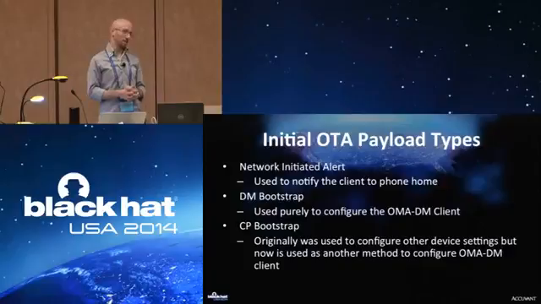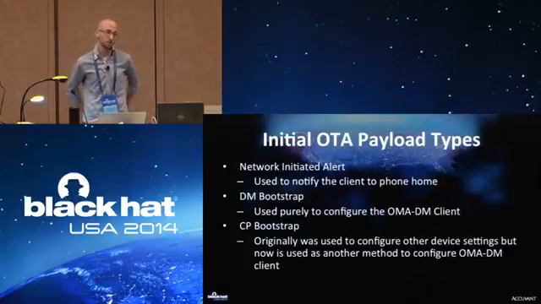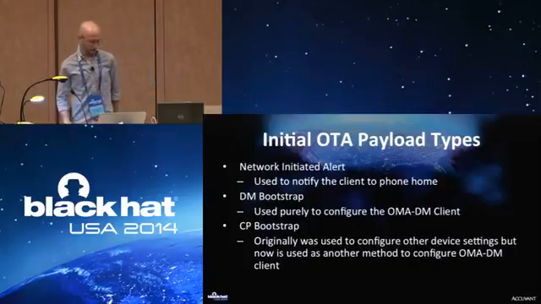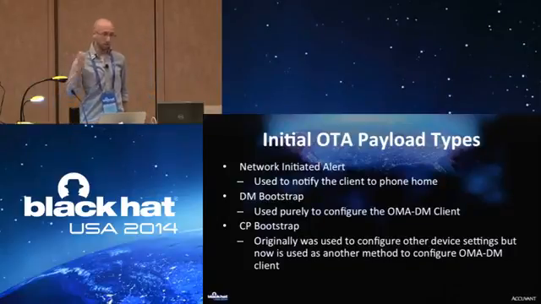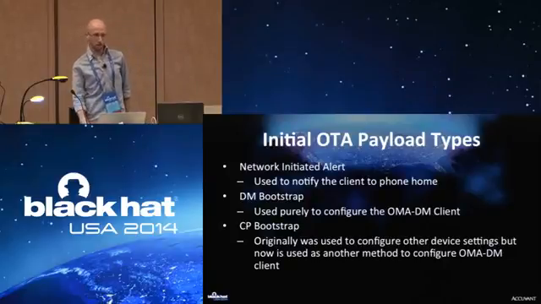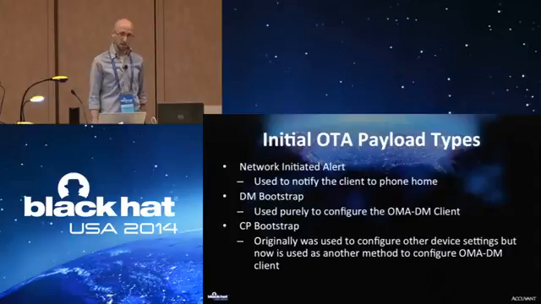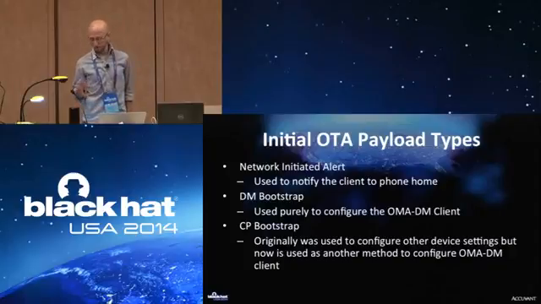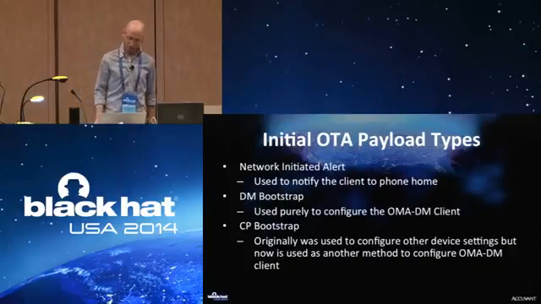More or less, on certain devices, this allows the carrier to completely push its own config at any time, anywhere, and it's used to just configure the client. Then we have what's called CP Bootstrap, which is a harken back to OMA CP days. It also can be used to reconfigure the client. Though we found most carriers, at least in the US, are not using DM and CP Bootstrap, except for one.